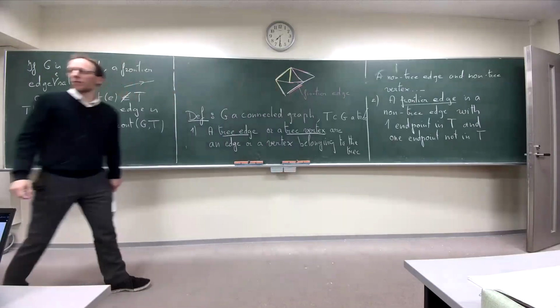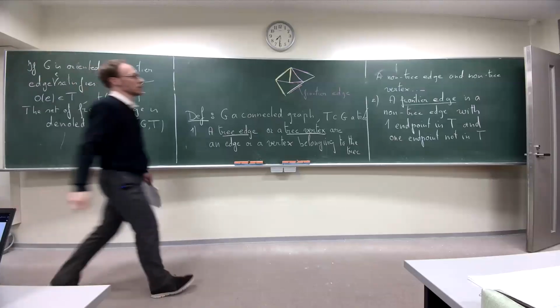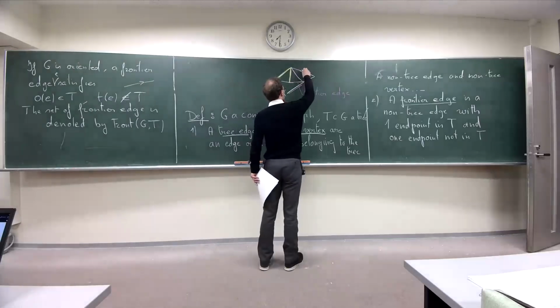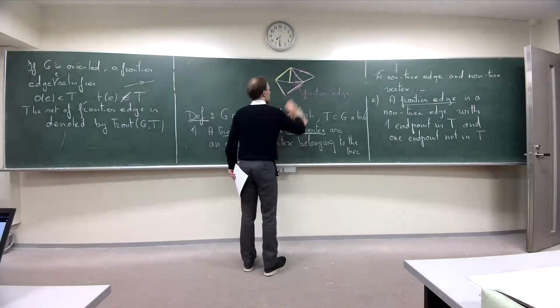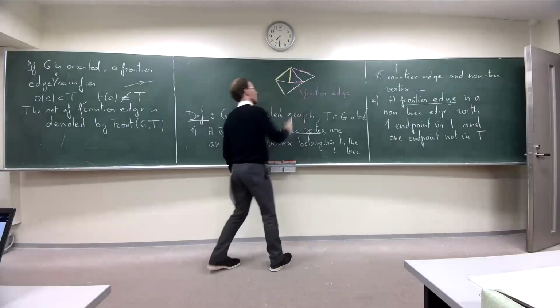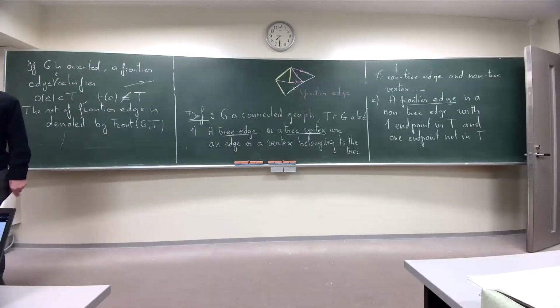So we have 4, because they're all connected to the tree at one endpoint, but not at the other one. Do you have any question? And if we have orientations, the frontier edges should always have the orientation like this. If this one goes in this direction, then it wouldn't be a frontier edge. Okay.